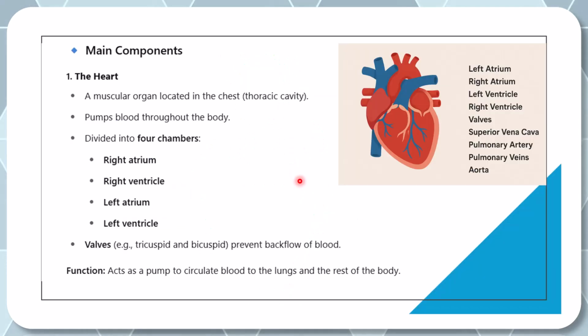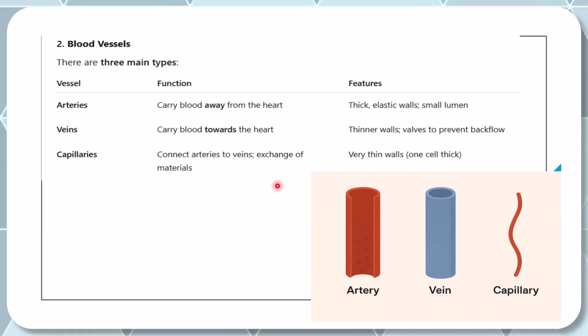So the blood is at high pressure, and because of this, their walls need to be thick, and they have to be elastic. That means they should be able to stretch and relax to stand the pressure, which will always vary; sometimes it's low, sometimes it's high. And they always have a small lumen.